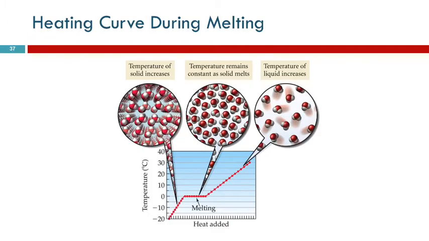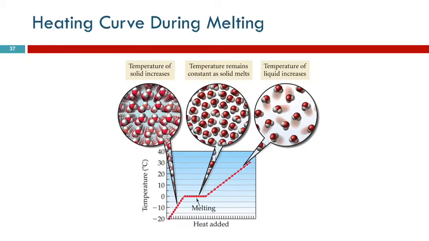So here is another heating curve. It looks a lot like the one we saw for boiling the water, but the temperature range here is different. So here we're starting at minus 20 degrees, where we've got ice, and as we increase the temperature, adding heat, it gets to 0 degrees Celsius, the melting point of water, and the temperature flattens out.